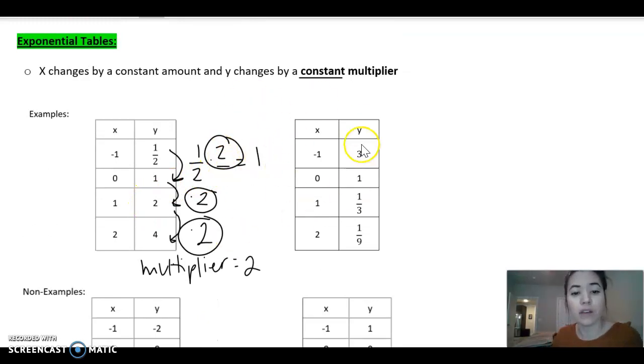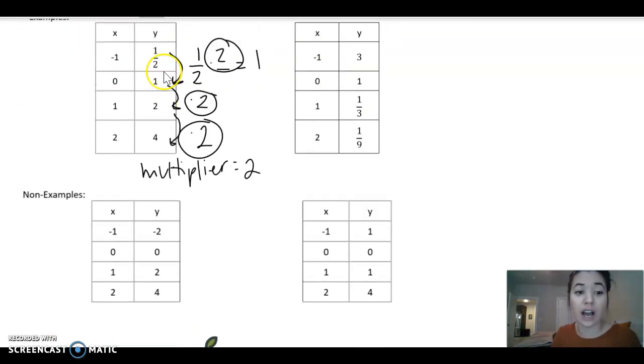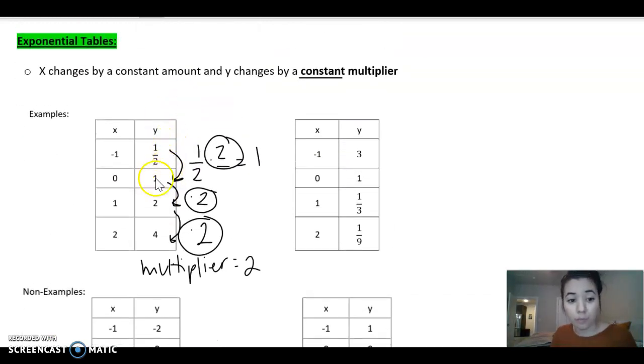Okay, so let's look at this one. Actually, before I move on, this one right here would be an example of that exponential growth. So this specific table would be an example of this graph, where our numbers are increasing and shooting towards the sky because my numbers are getting bigger and bigger and bigger.